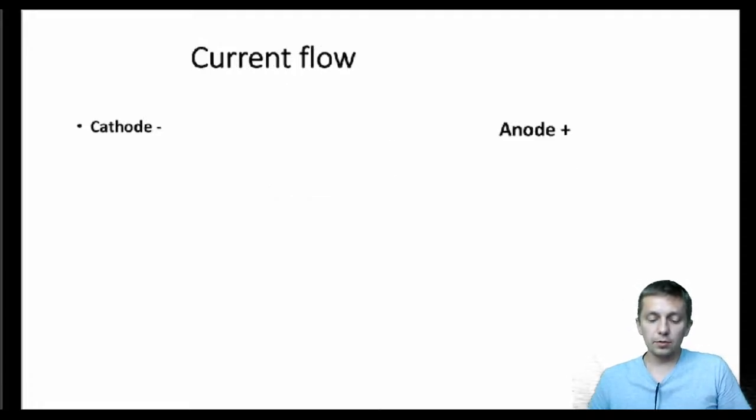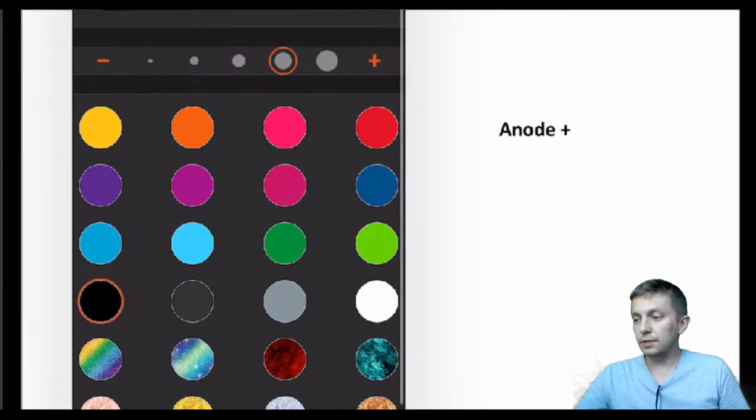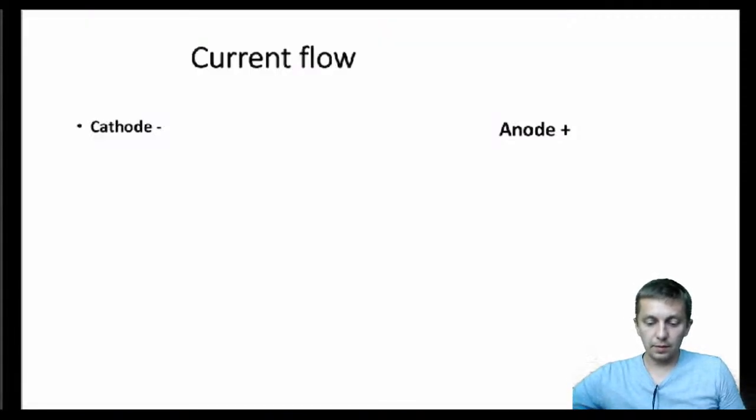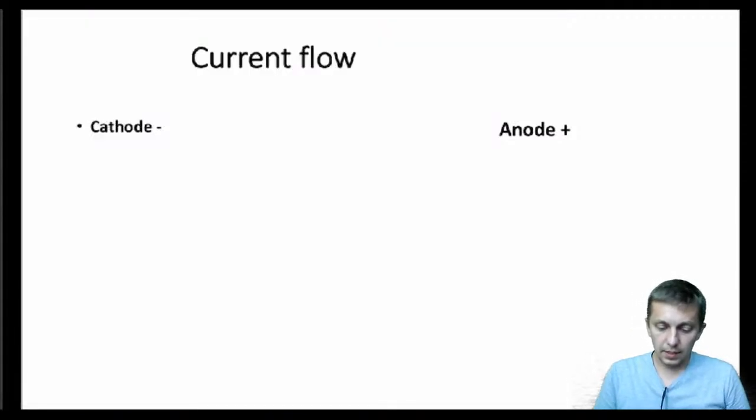But in chemistry, we're also dealing with charged particles. For example, we have cations and we have anions.